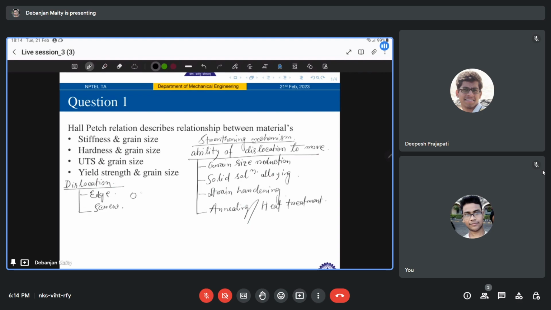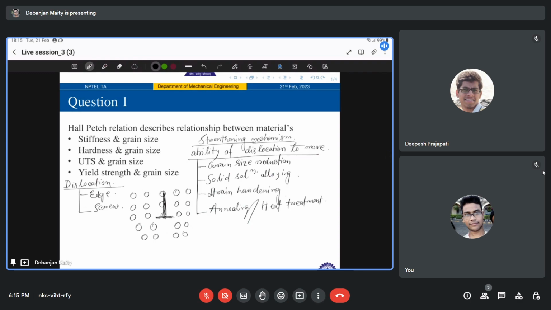So if you have this kind of structure, like this, now this is your extra half plane. So this is an edge dislocation.